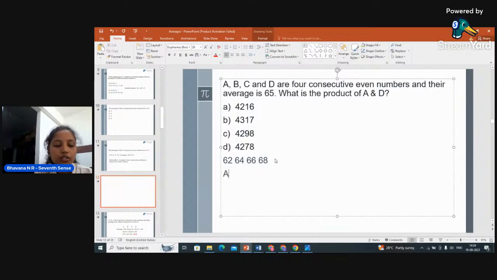So next, A is 62, B is 64, C is 66, and D is 68. Here what we have to do is the product of A and D, 62 into 68, and these are continuous even numbers.